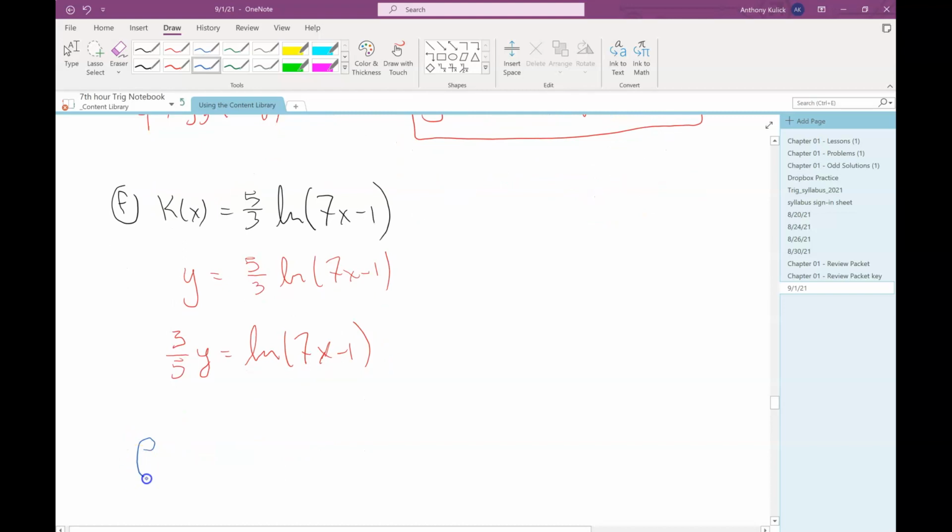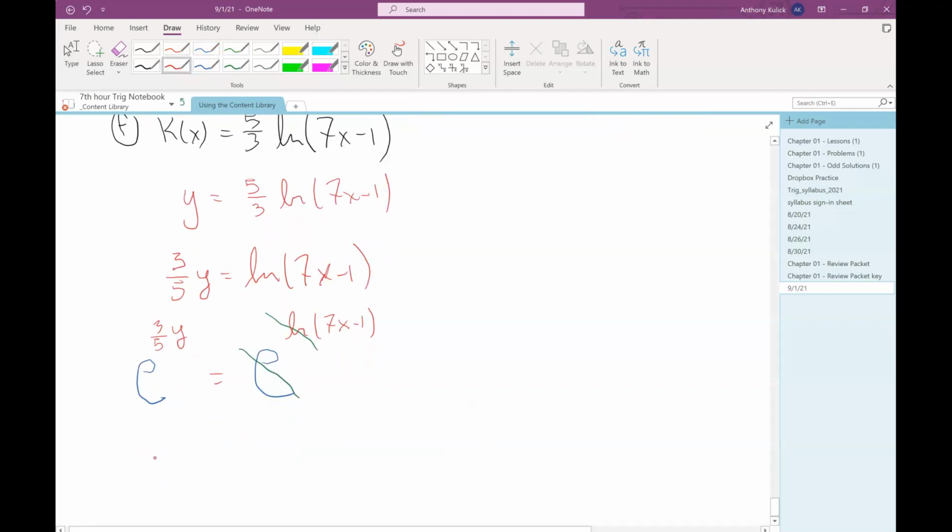So the common log is log base 10, that's just log with no subscript. So I'm going to write my exponent base of e to both sides. The left-hand side of the equation is in the exponent, and the right-hand side is in the other exponent. Exponent base e will cancel log base e.